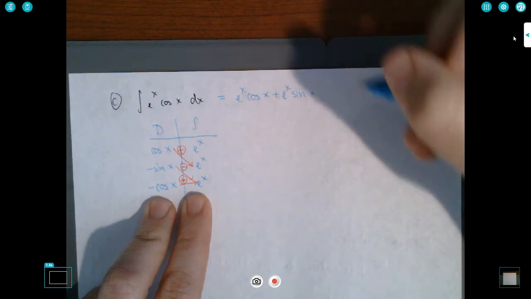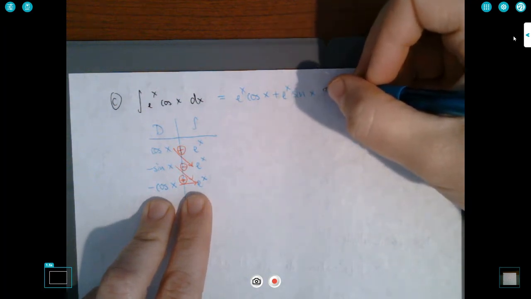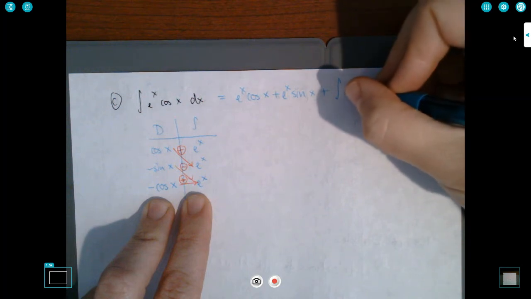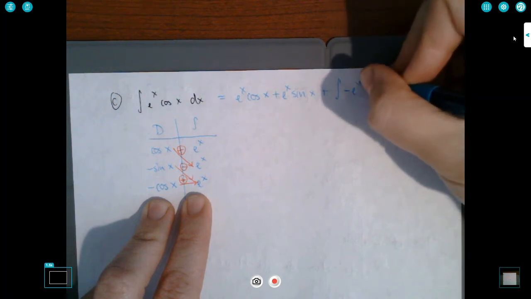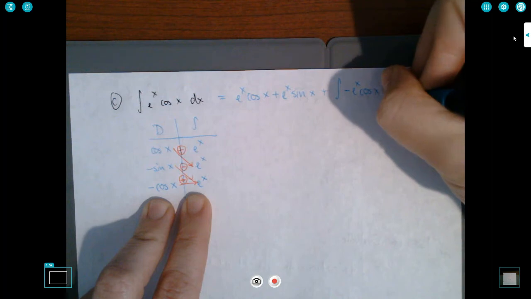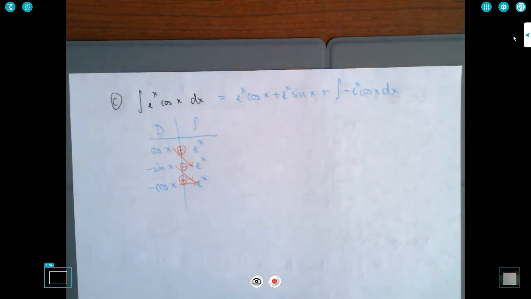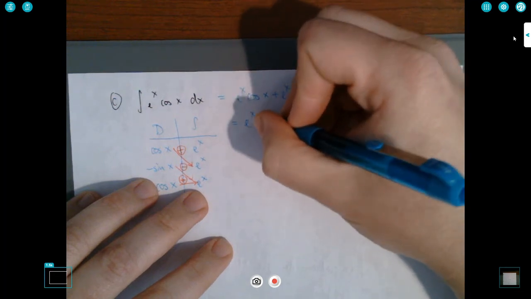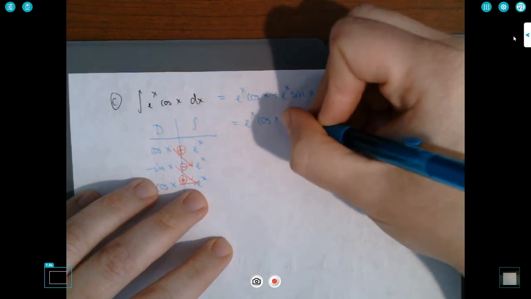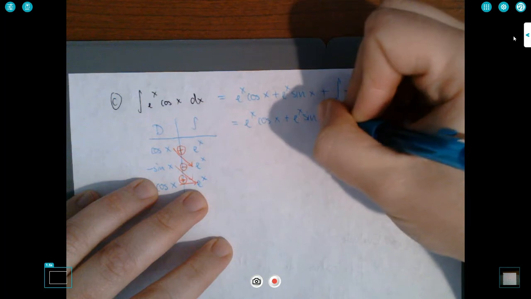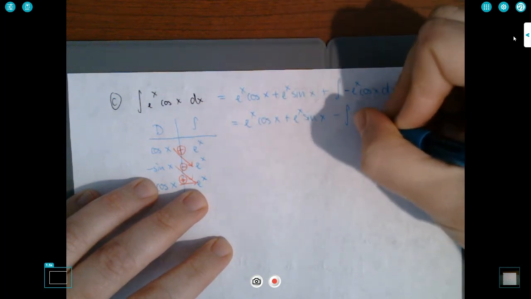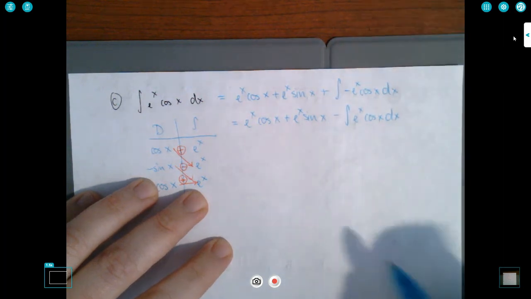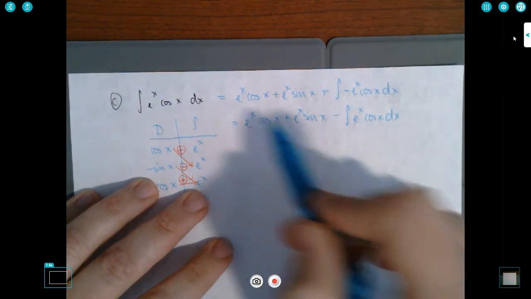And then plus the integral of negative e to the x cosine x dx. Okay, so in other words, this is e to the x cosine x plus e to the x sine x minus the integral of e to the x cosine x dx. Well, notice that this is the same thing as that.